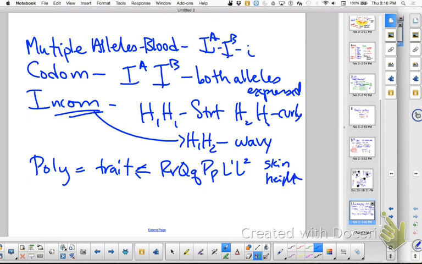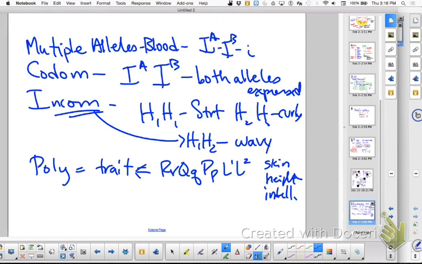Those are polygenic. Intelligence too. Remember we said intelligence isn't big S smart, little s stupid, right? It's multiple genes. Why are the 1 and 2 on the bottom for incomplete dominance? They're just written that way. Sometimes these numbers will actually be up here, so don't let that throw you off. I know you're looking for a pattern, and I would too, but sometimes they actually put those up there.